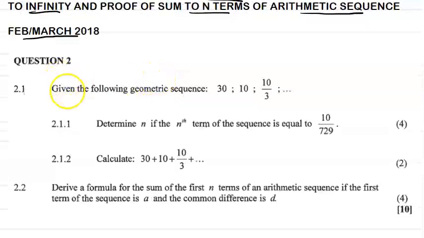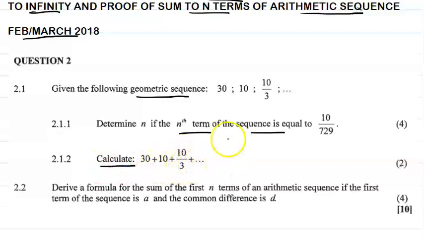It says, given the following geometric sequence 30, 10, and 10 over 3, determine n if the nth term of the sequence is equal to 10 over 729. Also says calculate 30 plus 10 plus 10 over 3.